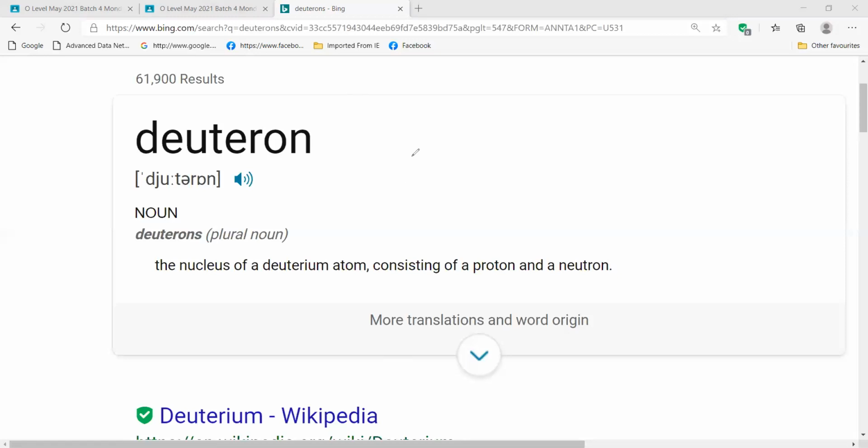One is 1H1, another one is 1H2, another one is 1H3.